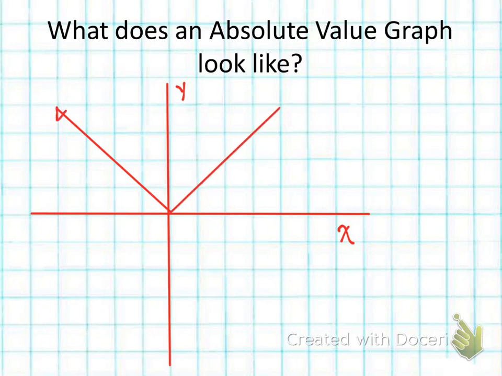There would be two lines and they would stop at a point. This point right here at the end is called the vertex. You're going to notice that the graph of an absolute value equation is always going to be symmetrical, and it's kind of pointy.